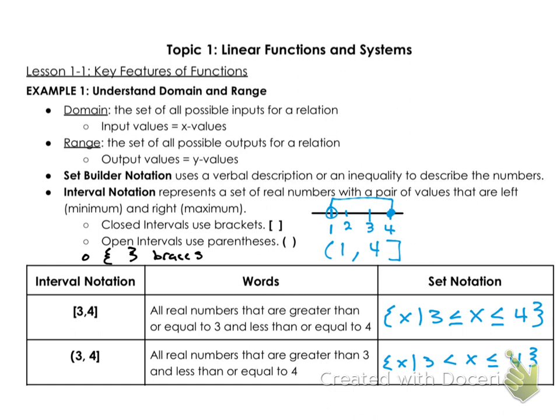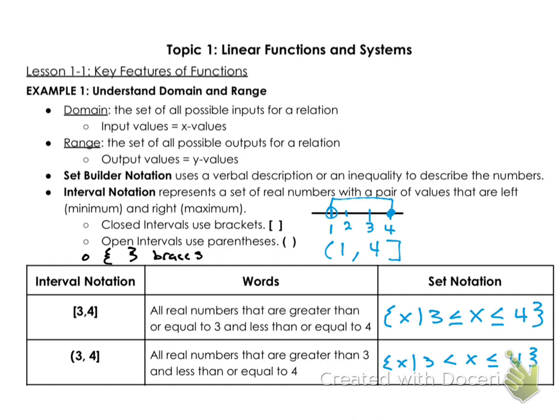Whenever we have inequalities, we always read from the variable. X is greater than or equal to 3. X is less than or equal to 4. Okay? We always read from the variable with inequalities.